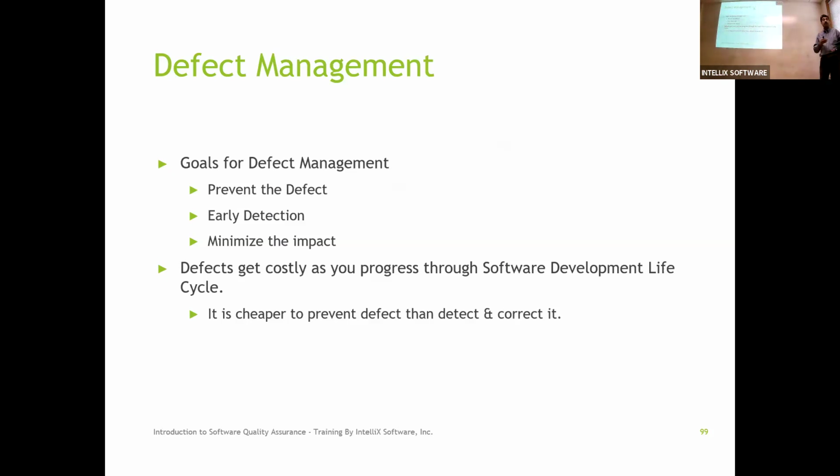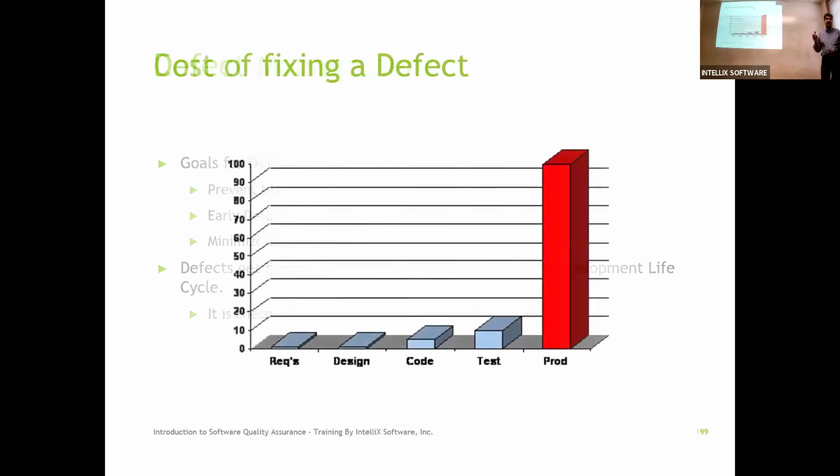As we talked about, as you go from one phase of the software development lifecycle to another phase, it becomes more and more costly. Here is the data. Back in the late 90s, they actually did an extensive study around defect management and how much it costs to fix a defect.